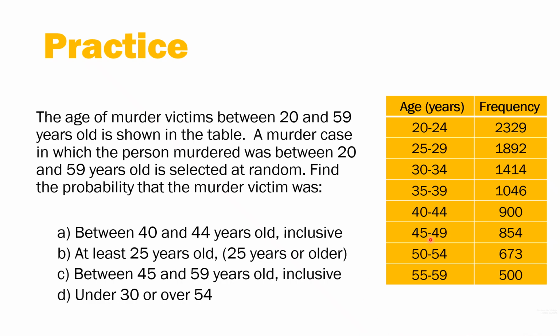So that's going from 45 to 59 inclusive. And your number here should be around 2027. And finally, under 30 and over 54. So now we're looking at these people here who are under 30 and the people who are over 54 years old. So then you'll be adding these ones together with this one, and you should get about 5,394.